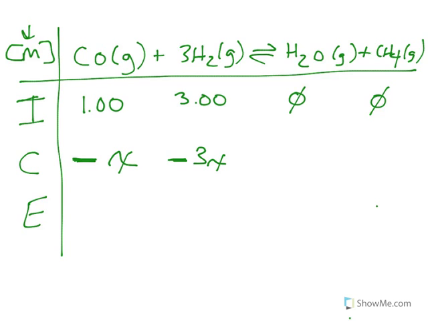The CO is going to get consumed one times X because it has a coefficient of 1 in front of it. The hydrogen, however, is going to change by a factor of 3X because it has a coefficient of 3 in front of it. Moving over to the products, they get produced, so we get a plus for these. Coefficient of 1, so it's just X. Finally, the methane is going to be plus X.